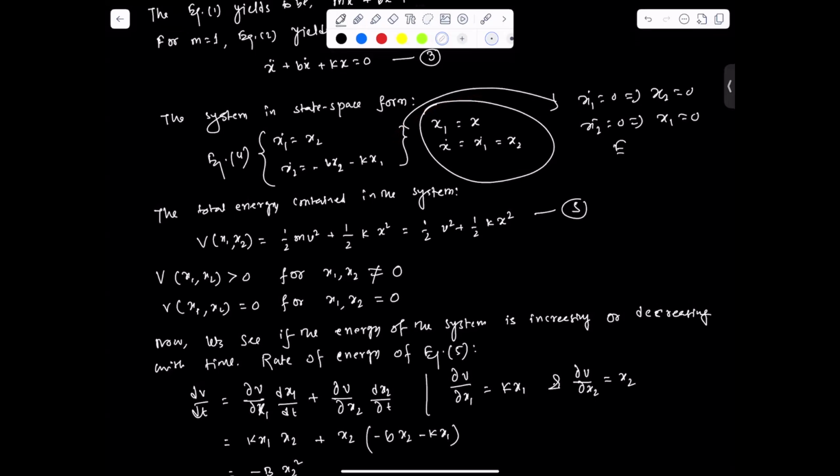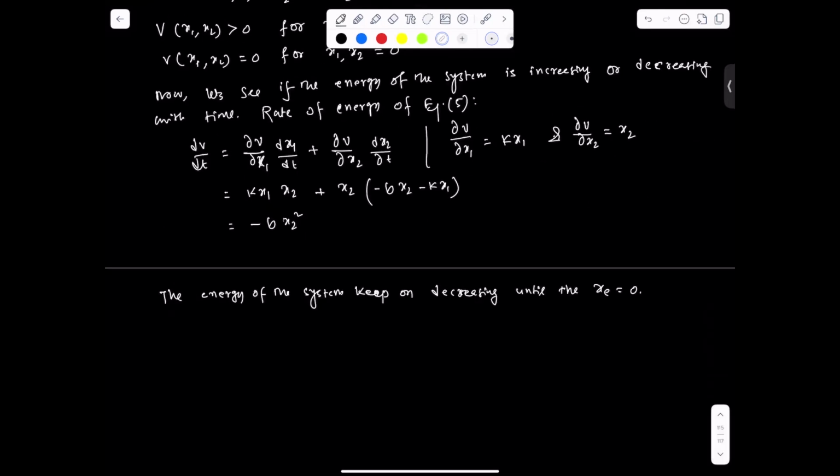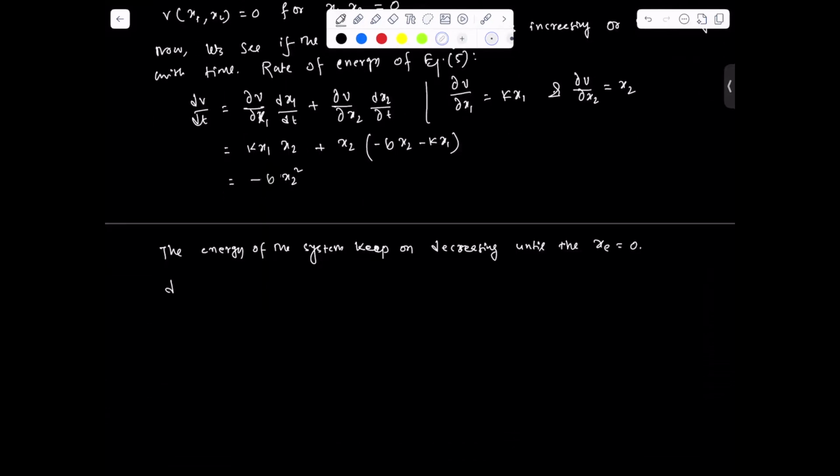The equilibrium point, we can write, is x1, x2 equal to 0, 0. So at the equilibrium point, the energy of the system is 0. We can write dV/dt equal to 0 at the equilibrium point, and V equal to some constant and very small in magnitude.